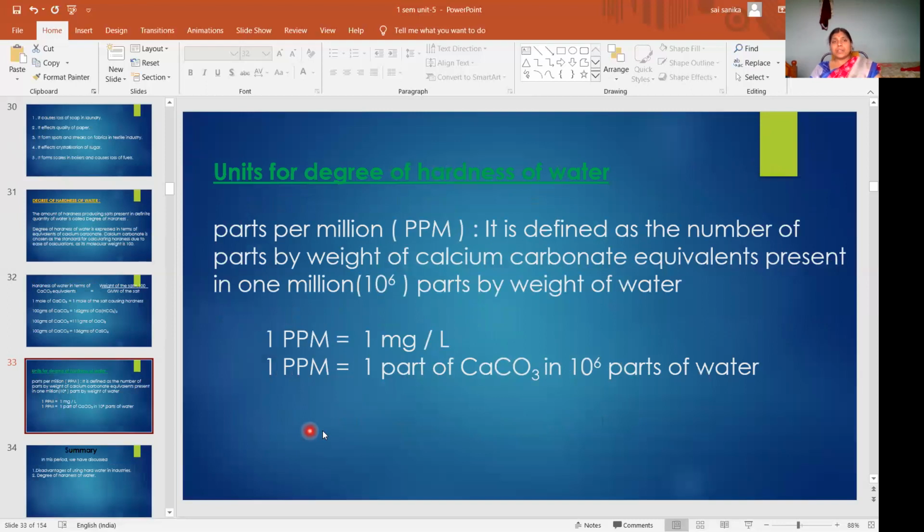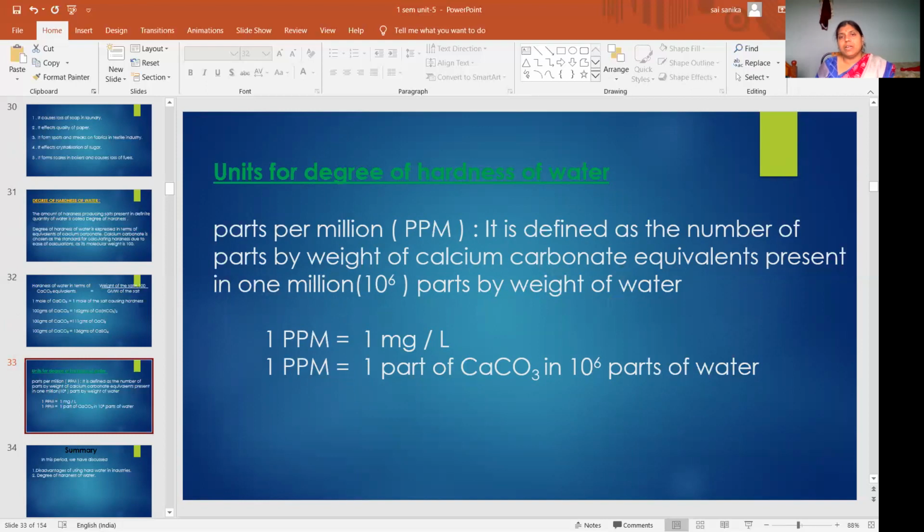Then come to units for degree of hardness of water. So what are the units? Parts per million or mg per liter, these two are the same. Degree of hardness of water is expressed in ppm, parts per million. So what is meant by parts per million? It is defined as the number of parts by weight of calcium carbonate equivalents present in 1 million parts by weight of water.